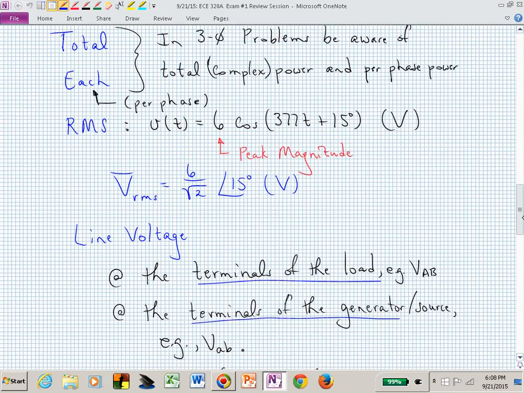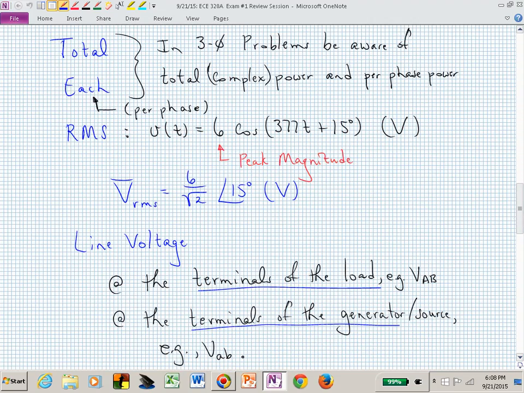Line voltage. When you hear line voltage, again, you want to sort of wake up and pay attention. And where is that line voltage being referred to? At the terminals of the load or at the terminals of the generator? And if it's at the terminals of the generator, that usually means A and not A prime, capital A and not little a prime.